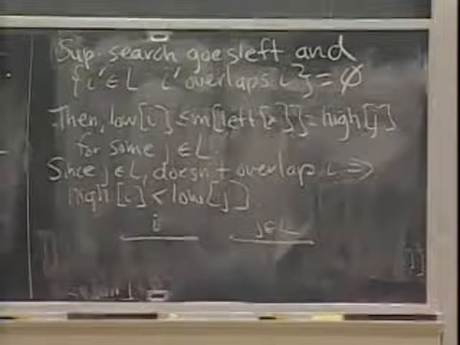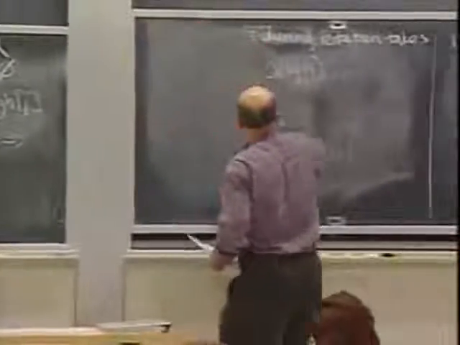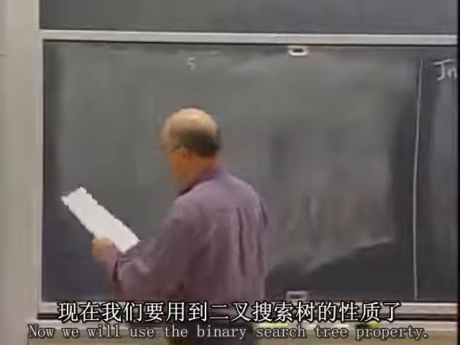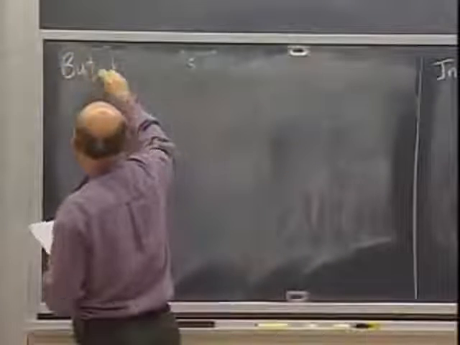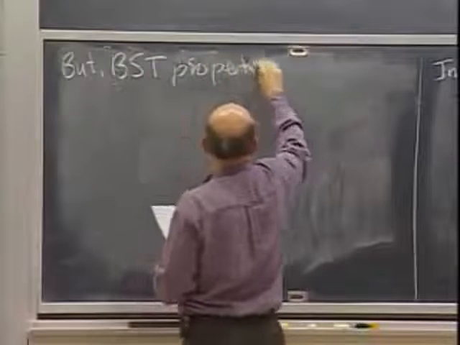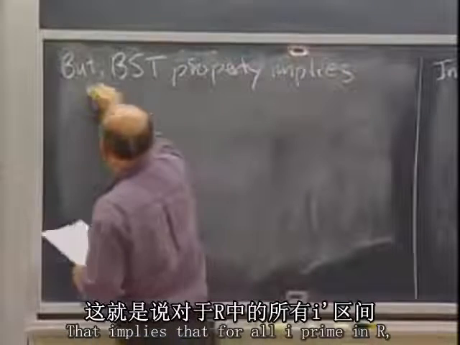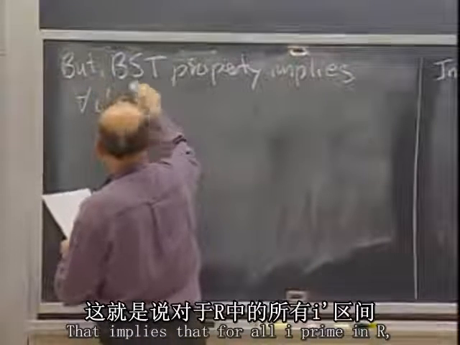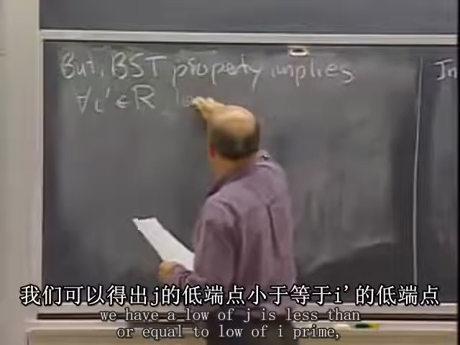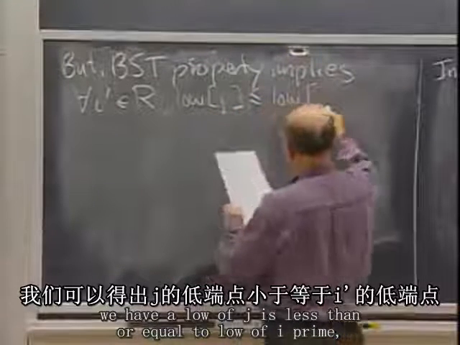But let me just take this one here. Now we'll use the binary search tree property. That implies that for all I prime in R, everything in the right subtree, we have that low of j is less than or equal to low of I prime.